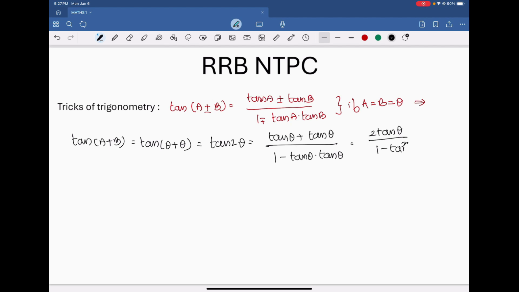Just see, tan 2 theta is equal to 2 tan theta by 1 minus tan square theta.